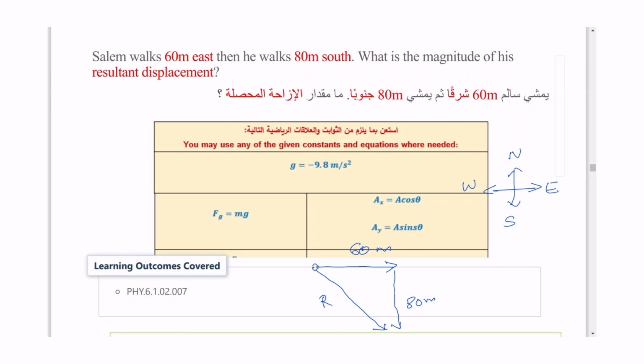So here you can see the first displacement and the second displacement are perpendicular, right? They make an angle of 90 degrees with each other.